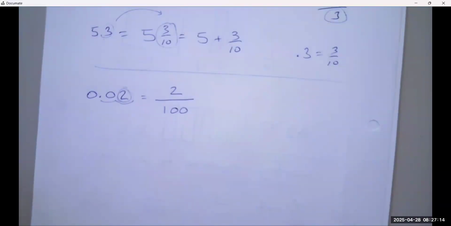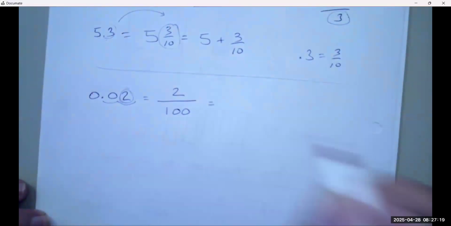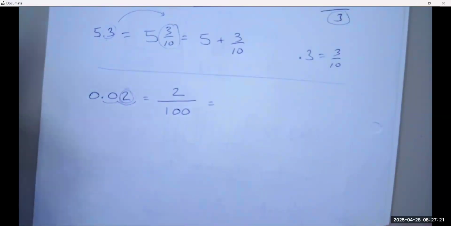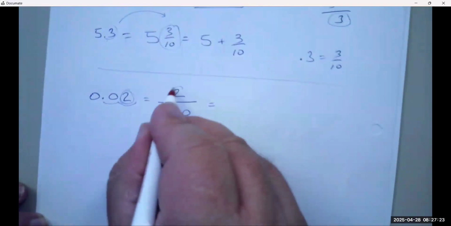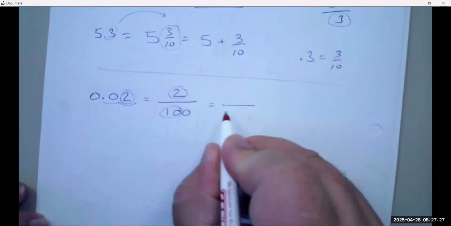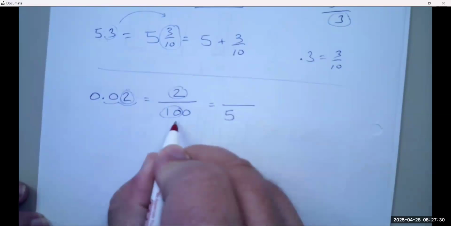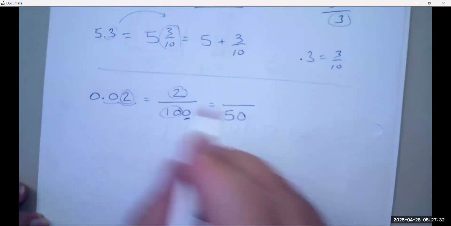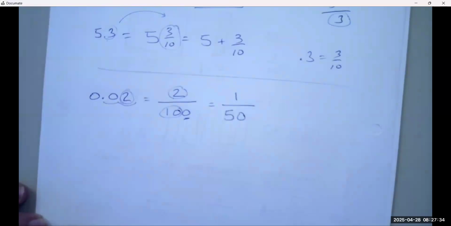Are we simplified? No. Why not? 2 can be divided out on the top and bottom. Right. Because 2 goes into 10 how many times? 5 times with 1 zero at the end. 2 goes into 2 once.